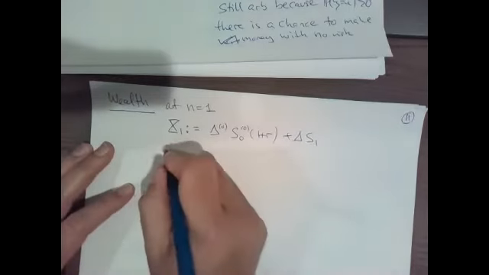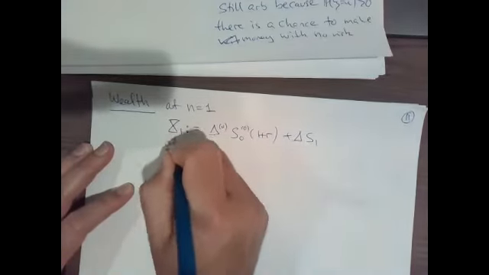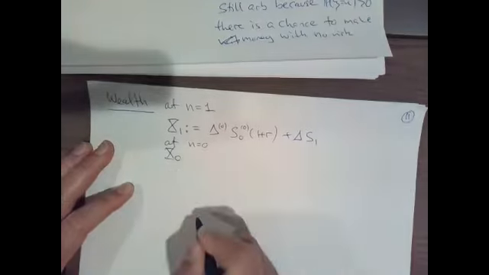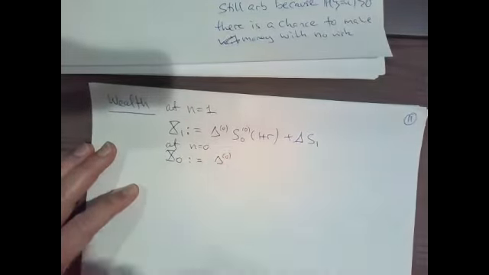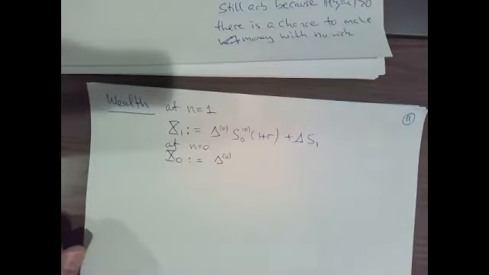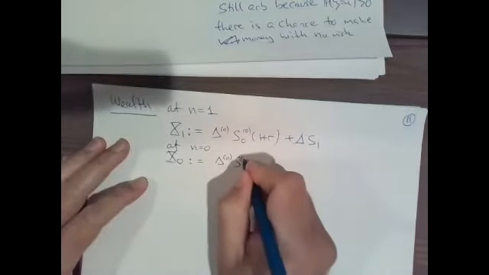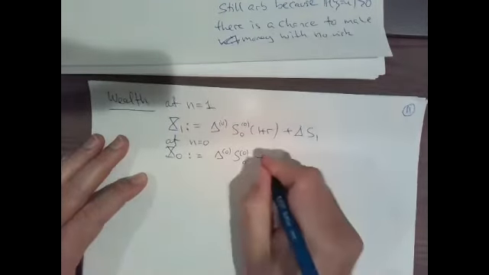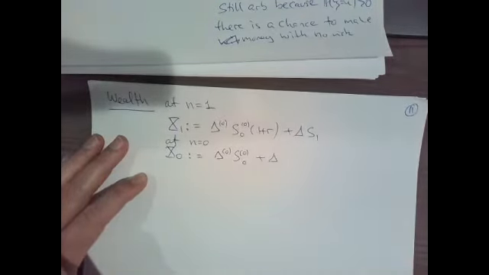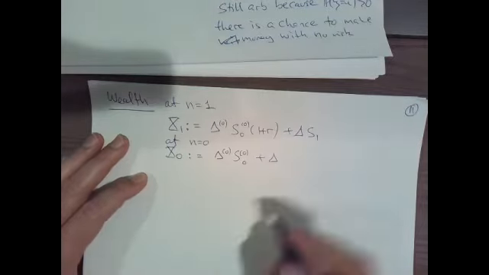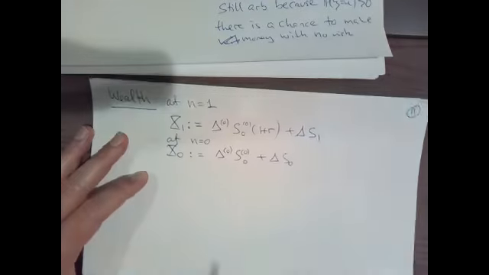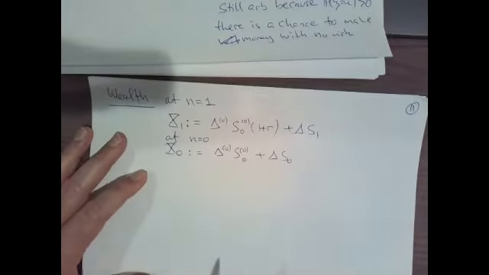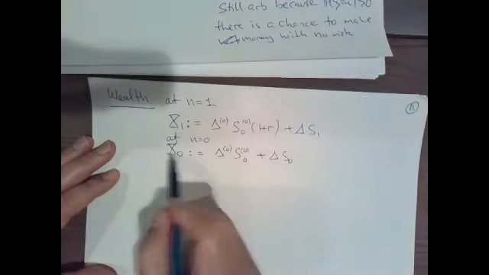The wealth at time 0 is going to be the position in the bank times the bank value plus the position in the stock times the stock price. This is wealth at time 1, this is wealth at time 0.